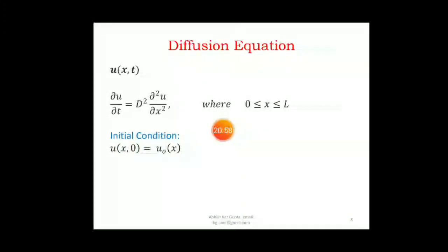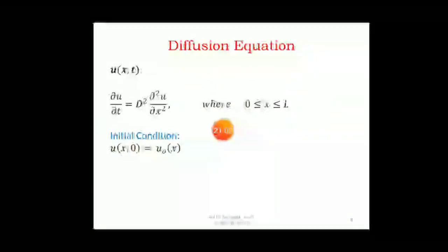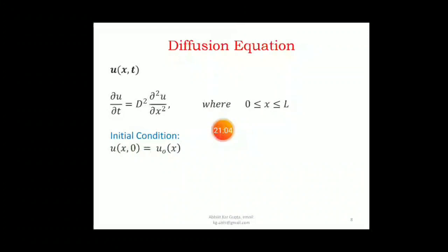So on the right side you write only a function of x. At the initial time, you give the values, which are a function of x. That means you are giving it at all points, you know it. Then you see how they evolve. Okay, so this is the initial condition.